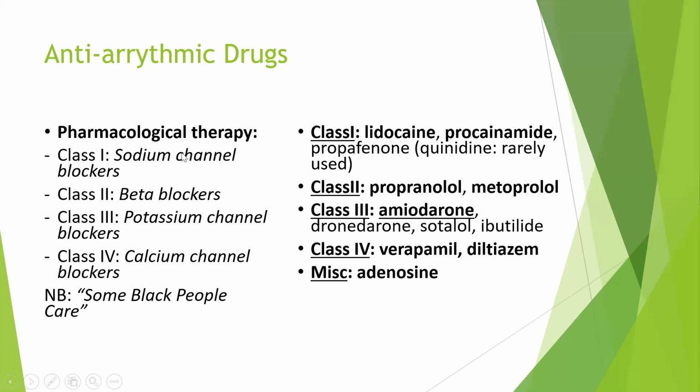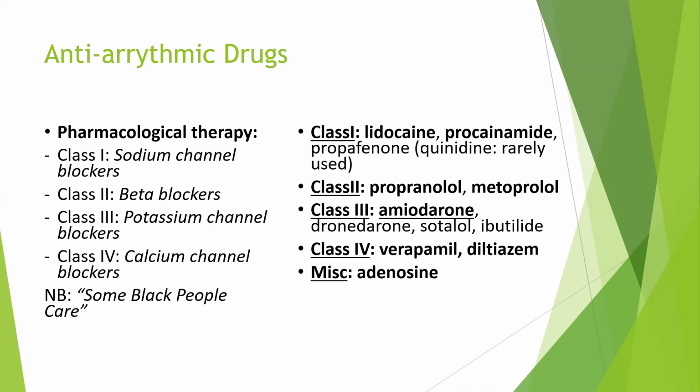Some, class 1 is sodium channel blockers. All right, then we have different reclassification of class 1, but generally all class 1 antiarrhythmic agents are sodium channel blockers. Then people, class 2, these are beta blockers, your metoprolol, your propranolol, and all that. Those are class 2 antiarrhythmic drugs.